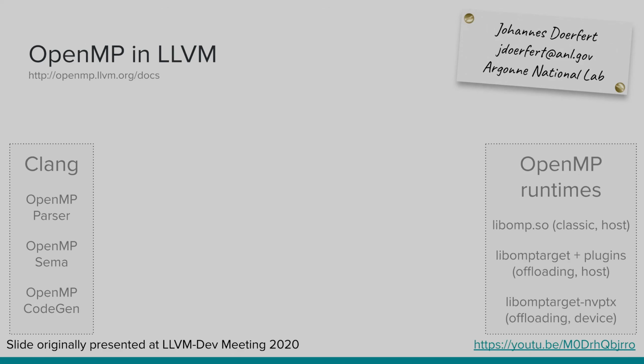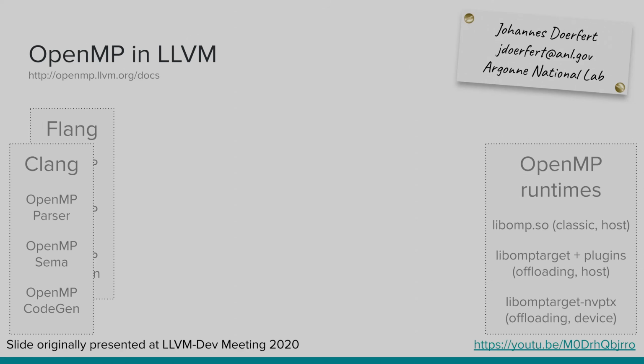For one, there's more runtimes. libomp is the classic host runtime for OpenMP, but we also have libomptarget and all the plugins, which are responsible for target offloading, and then the plugins are responsible to talk to the device drivers. And then you have libomptarget NVPTX, for example, which is actually executed on the device. So it's a runtime that we ship with the user code onto, let's say, a GPU.